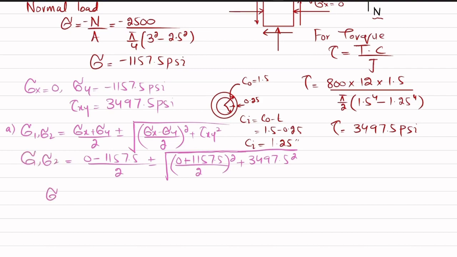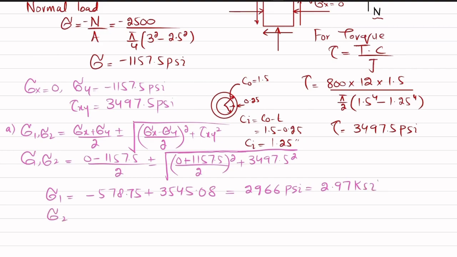So for finding sigma 1, it will be equal to minus 578.75 plus, if you calculate this value, it comes out to be 3545.08, and when you add them you will get sigma 1 equal to 2966 psi, or in KSI it will be 2.97 KSI.